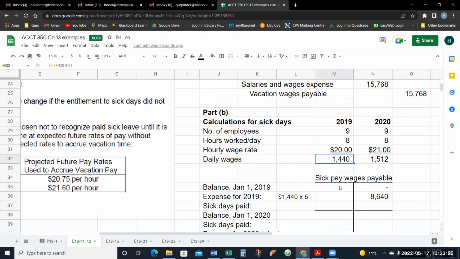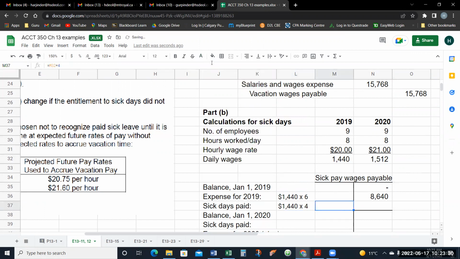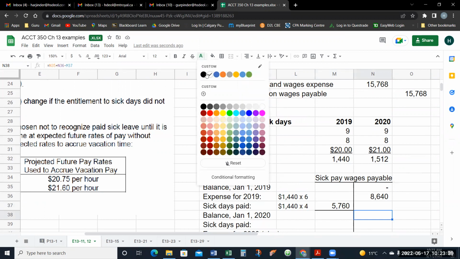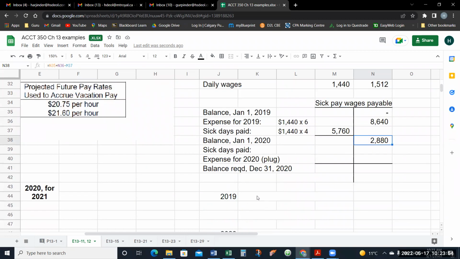So 1,440 times 4, we've already paid in 2019, $5,760. So the balance that remains in the sick pay wages payable, the liability, will be 8,640, the expense that we recorded, minus 5,760, the amount that we paid out, and that gives us $2,880.